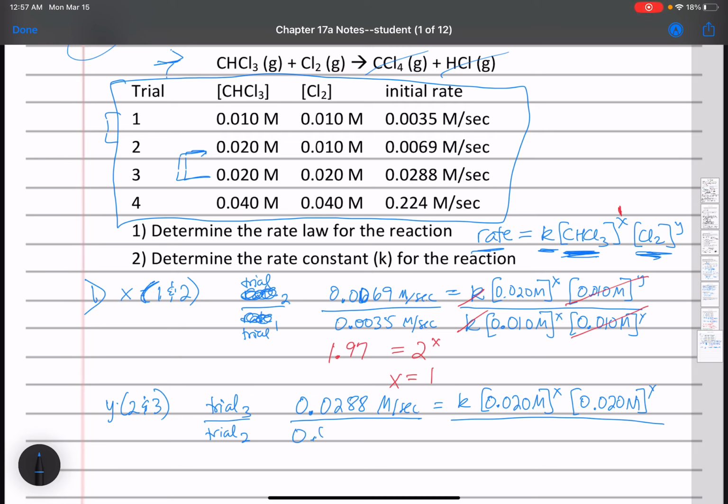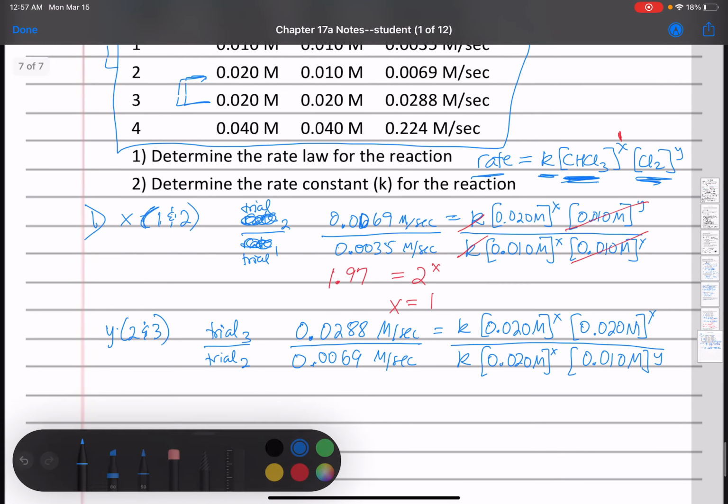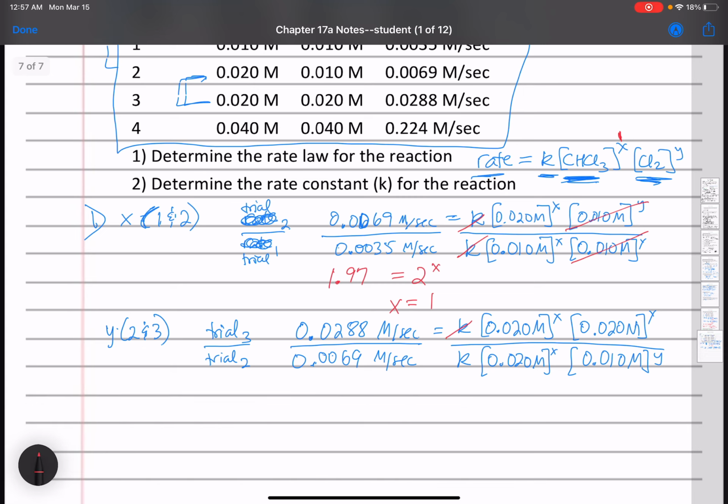Trial 2 has a rate of 0.0069 molarity per second, K still, 0.020 molarity for the CHCl3, and the chlorine gas in this trial had a lower concentration. So again, our K's are going to cancel out. So are these first variables. It's identical, so they're going to cancel out.